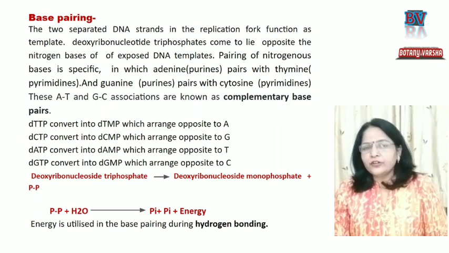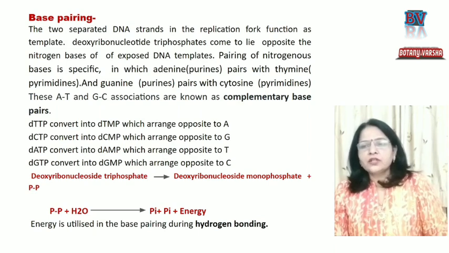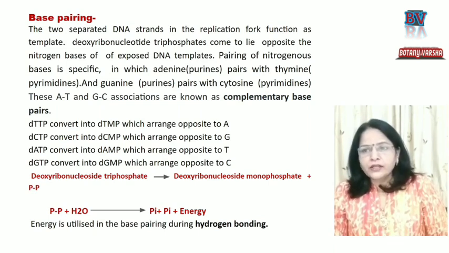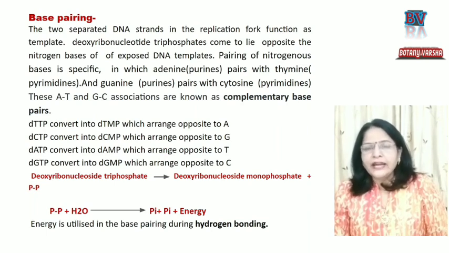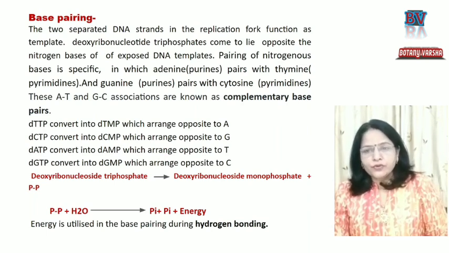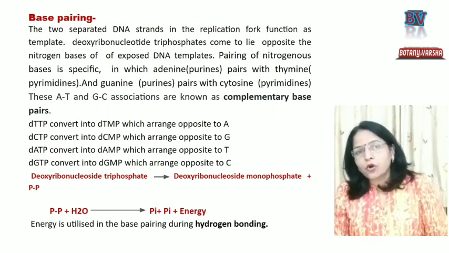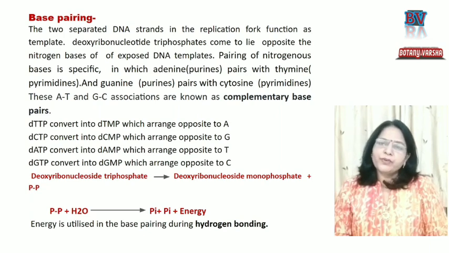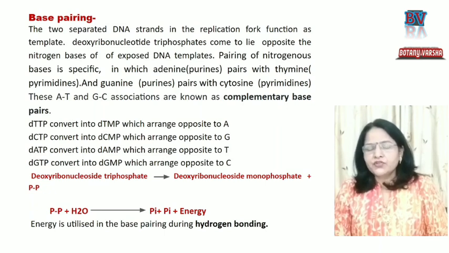And pairing of nitrogenous bases is always specific, in which adenine, which is a purine, pairs with thymine, which is a pyrimidine, and guanine, which is a purine, again pairs with cytosine. This is known as complementary base pairing.